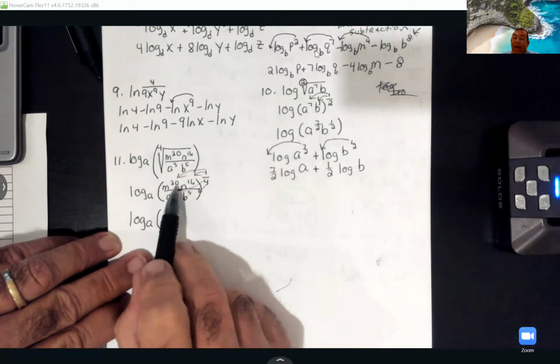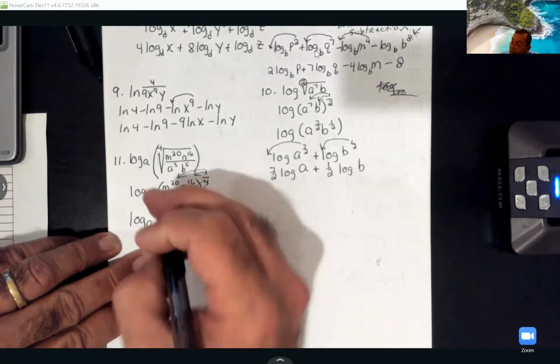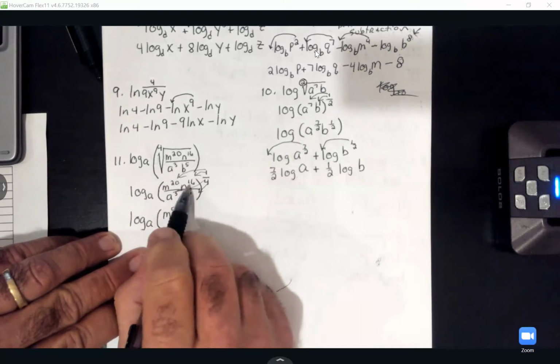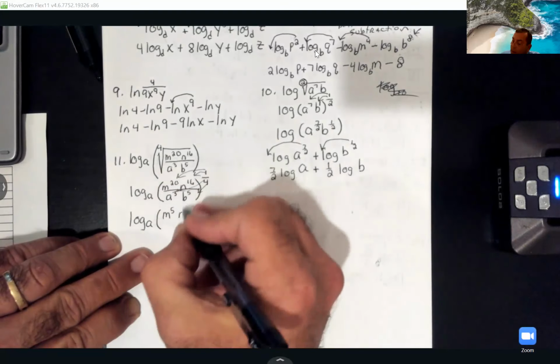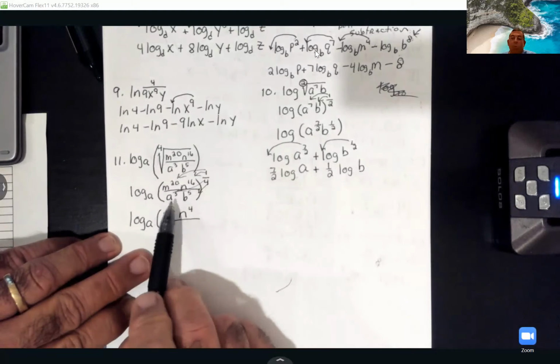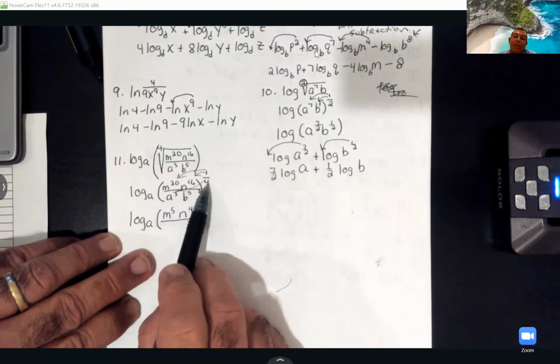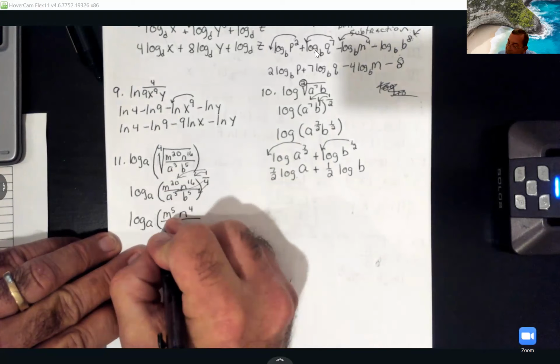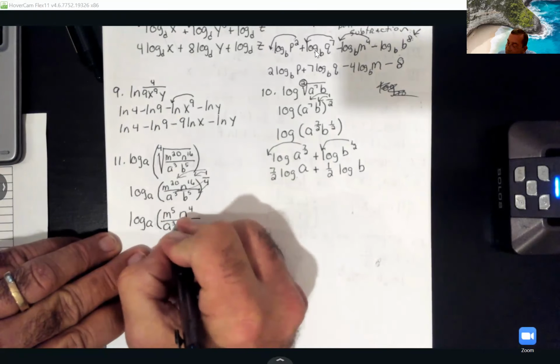M5. Remember, divide them by that 4. Oh, okay. N16 divided by 4 is 4. Now on bottom, we can't really divide 3 by 4, so we'll just have to write that as A to the 3/4.